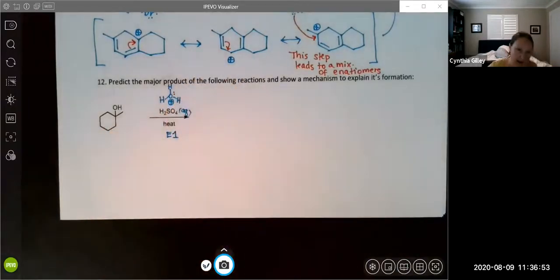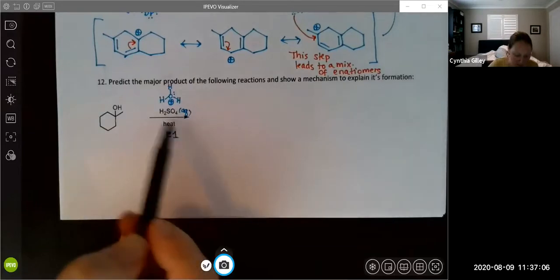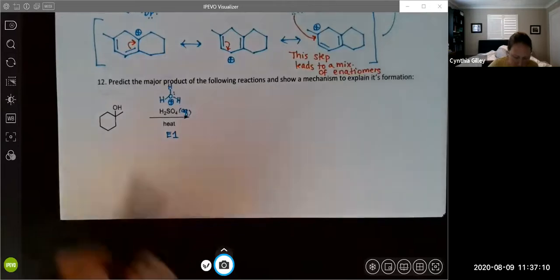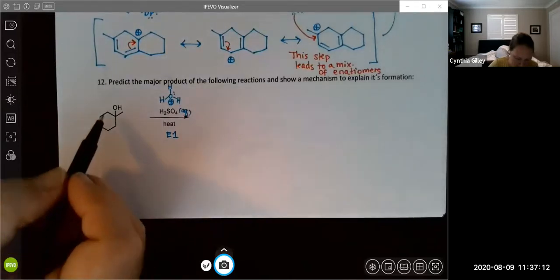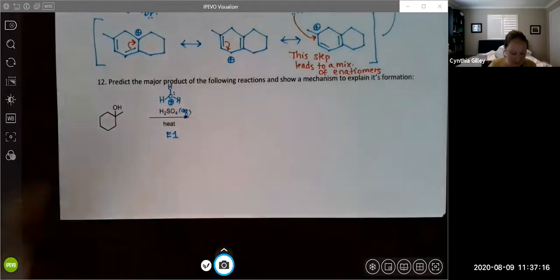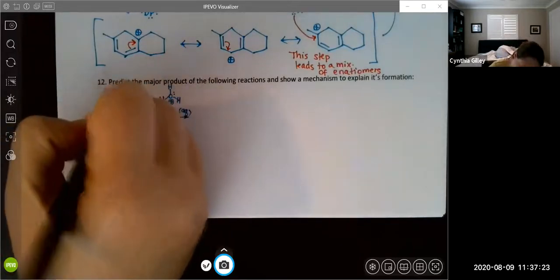And so then the reagent is not really the acid, it's actually water. Water is a weak nucleophile and weak base, so it can do SN1 or E1. With heat, E1 is favored. So we're going to be doing E1 here. So what's going to happen with an E1 is that the leaving group needs to leave to form a carbocation, but before that can happen, we need a good leaving group.